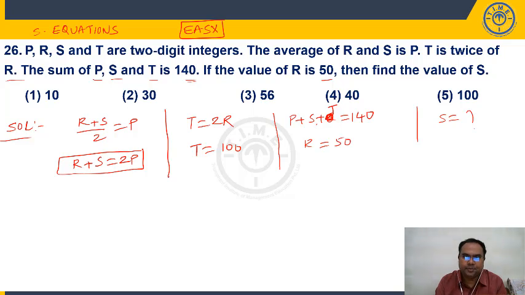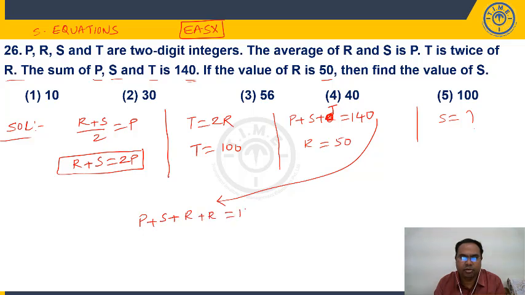Now, see here students, T is equal to how much to R? So in P plus S plus T, I'll write it as P plus S plus 2R is equal to 140. Now, this R value we know is 50, right? So P plus S plus R is equal to, if we take R this side, 140 minus 50, it is 90.